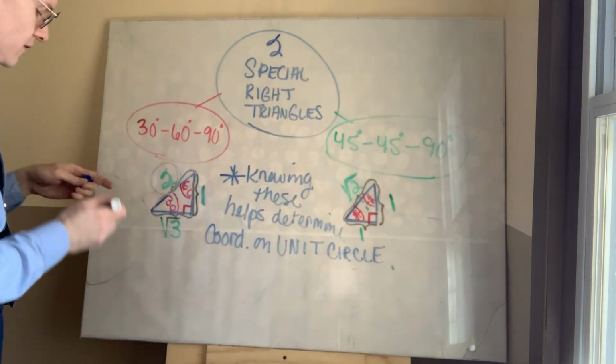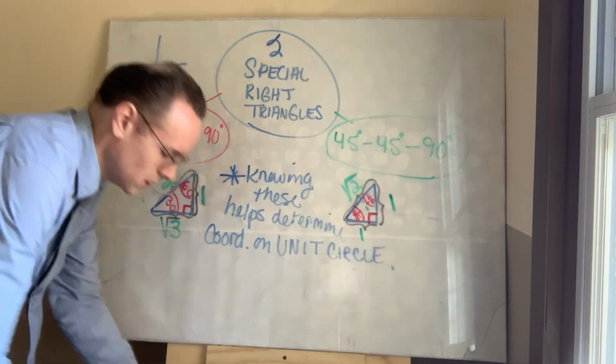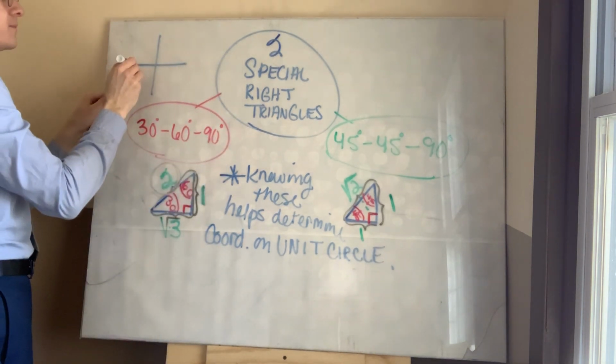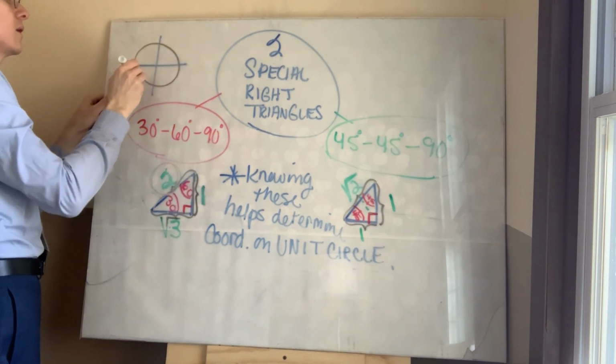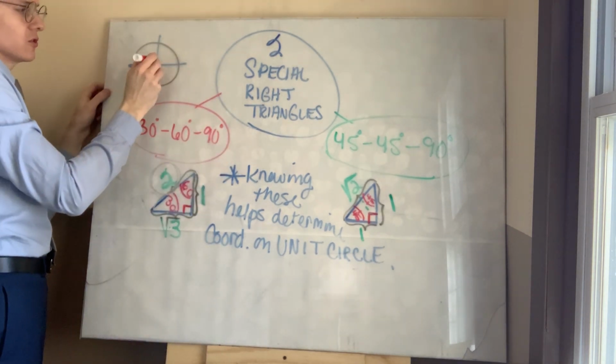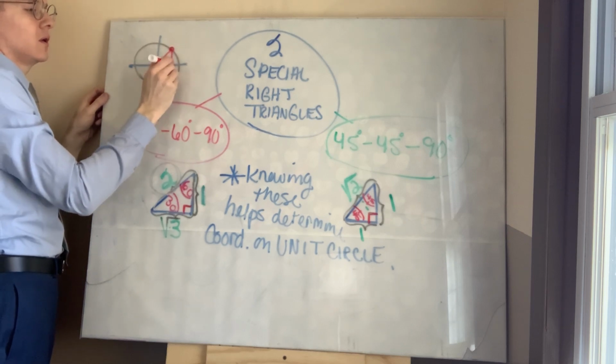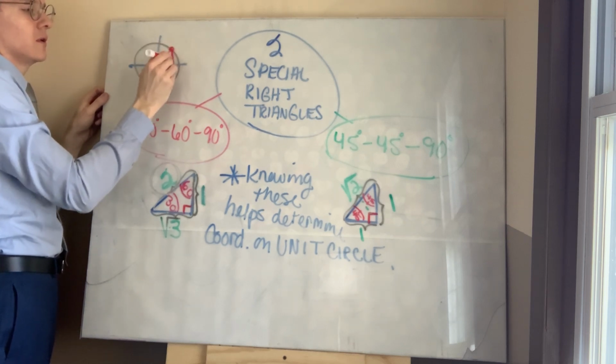Okay, remember, if you have a unit circle, I'm going to try to draw this neatly. A right triangle can be drawn into the unit circle here, like so.